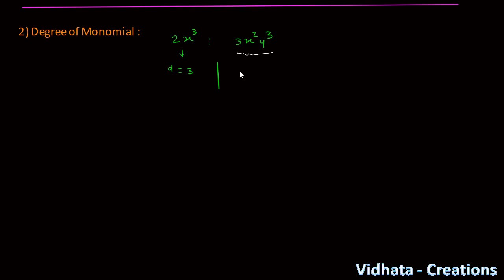In this case, the degree of the monomial is given by the sum of the powers of all variables present in that monomial.